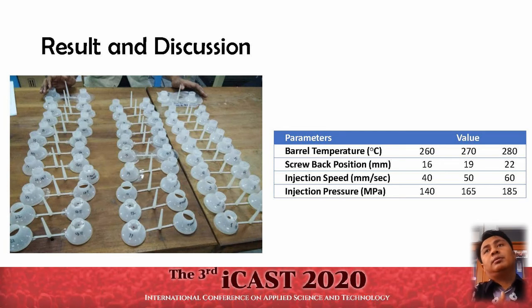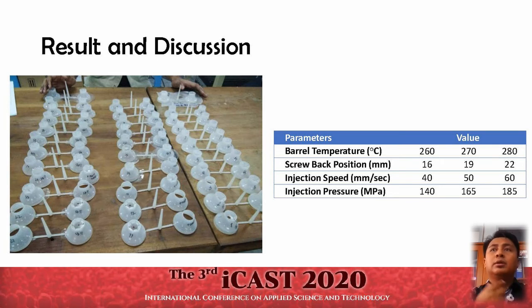And also for the screw back position, I configure 16 millimeters, 19 millimeters, 22 millimeters. This screw back position means it can be involved or caused by the injection pressure inside the molding itself. So we need to adjust the screw back position so that the injection pressure inside the molding can be avoided.